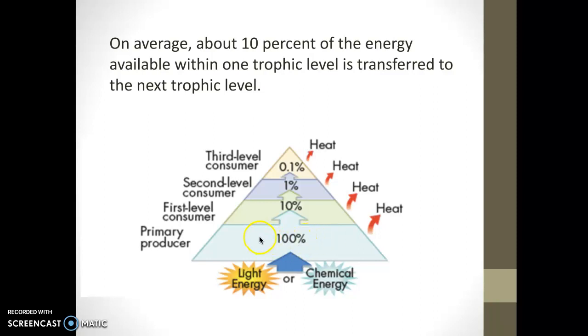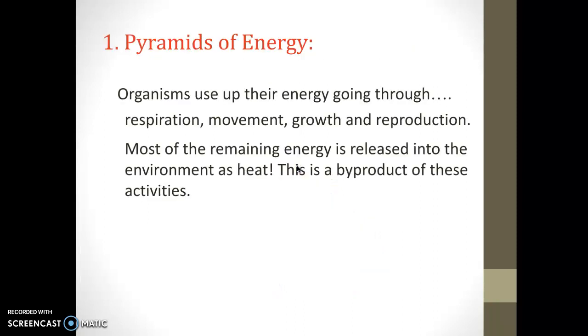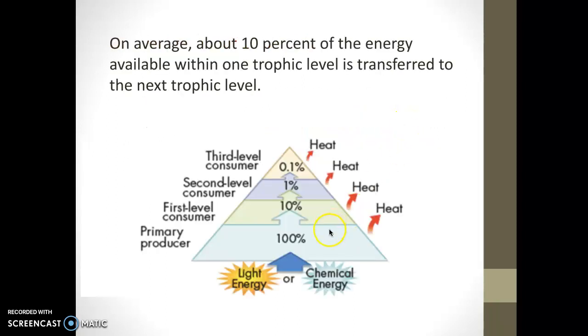And so only 10% of the energy here is going to be transferred up above, which also means then of the 10% that is here, only 10% is going to go to the next trophic level and to the next trophic level, because all of that energy, if we go back a slide, is used in all of these different processes. Some of the other energy gets released to the environment in the form of heat, so only 10% gets passed on from one trophic level to the next.